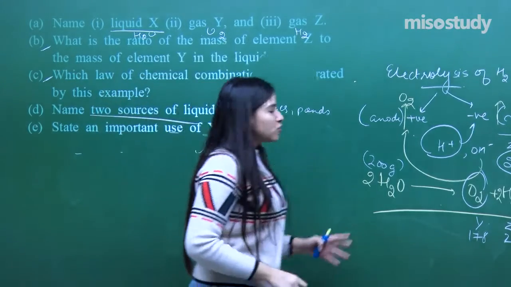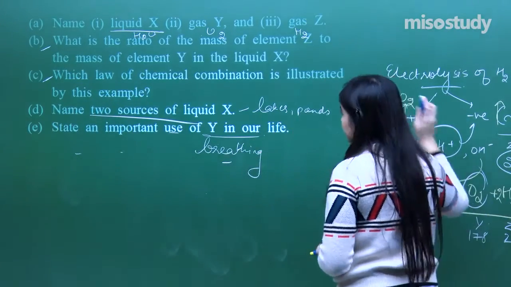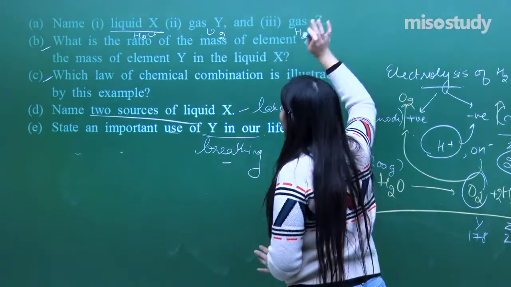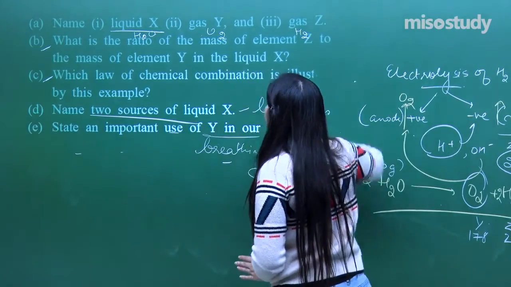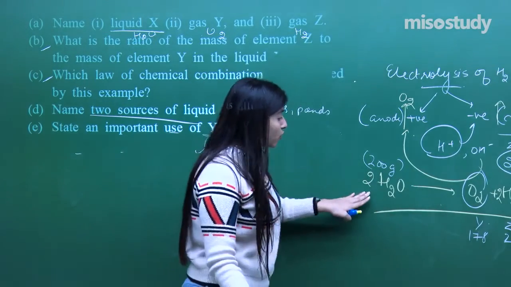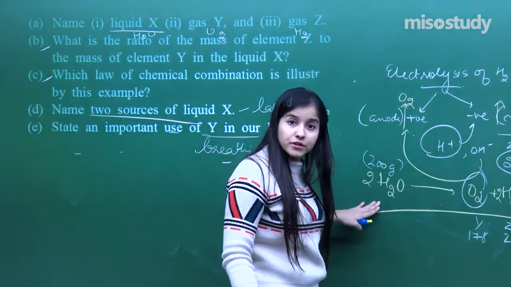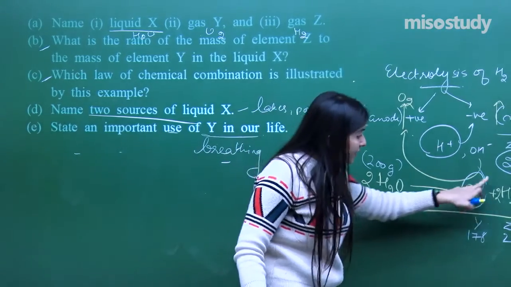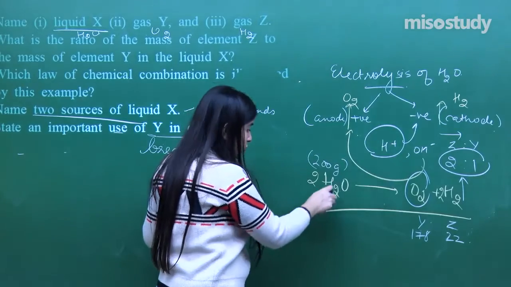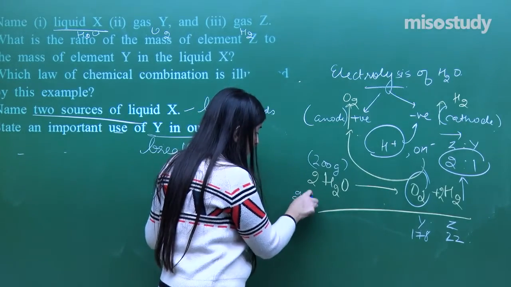Now, what were they actually asking? They are asking what is the ratio of the mass of the element Z to the mass of the element Y in the liquid X. They are not asking anything related to these ratios. Fine. So hydrogen is twice and oxygen is 1.